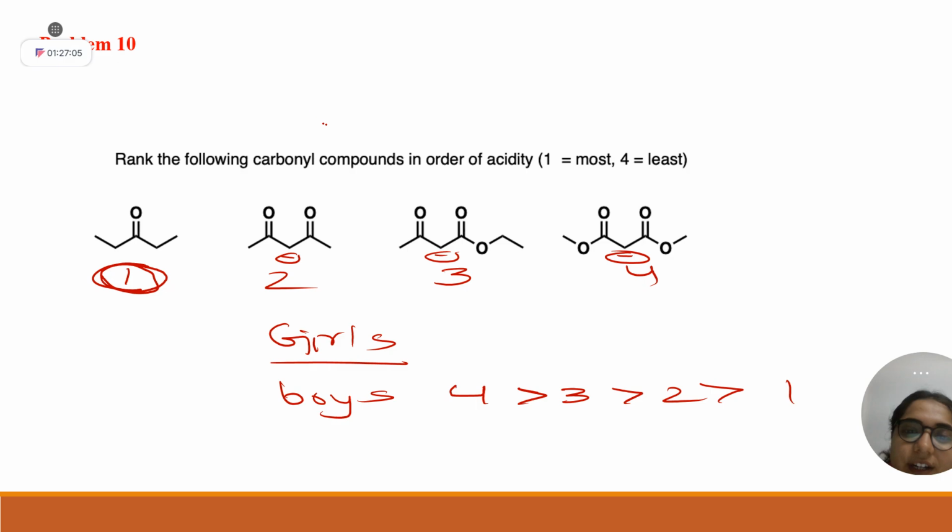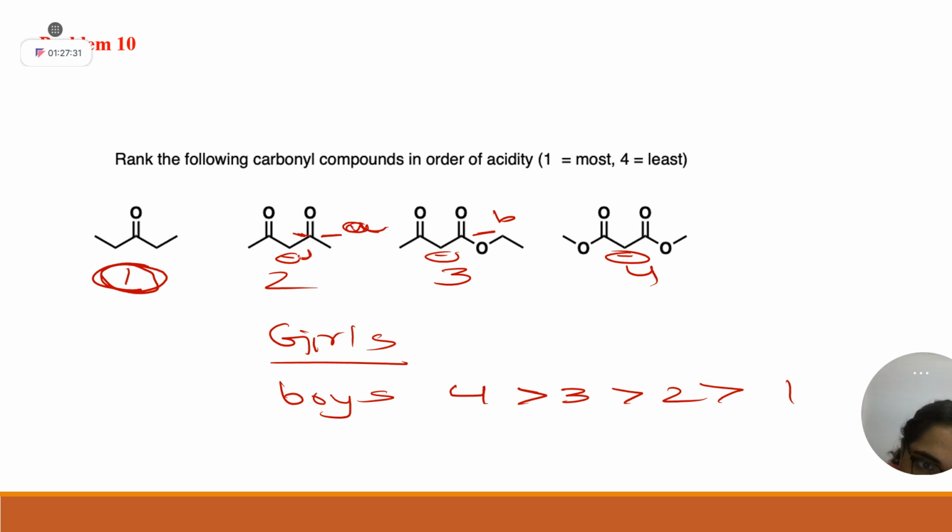Okay, one day I told you among this carbon and this carbon, A and B, which is more electrophilic? Ma'am, A. A is more electrophilic, which means this carbon will be more electron poor.